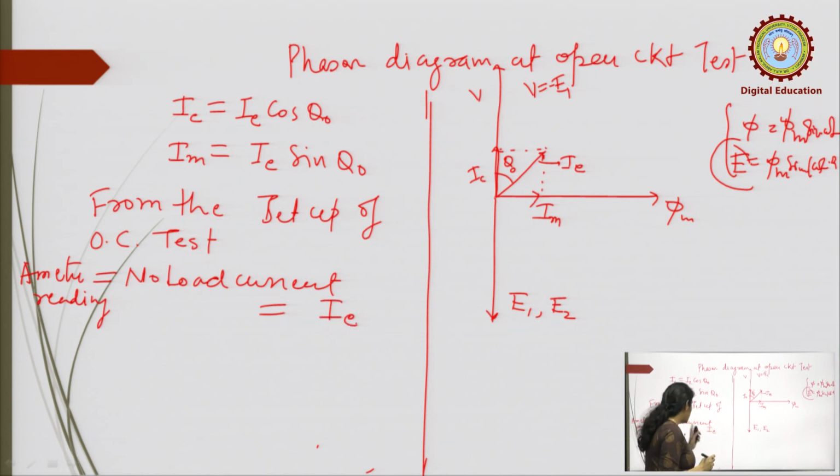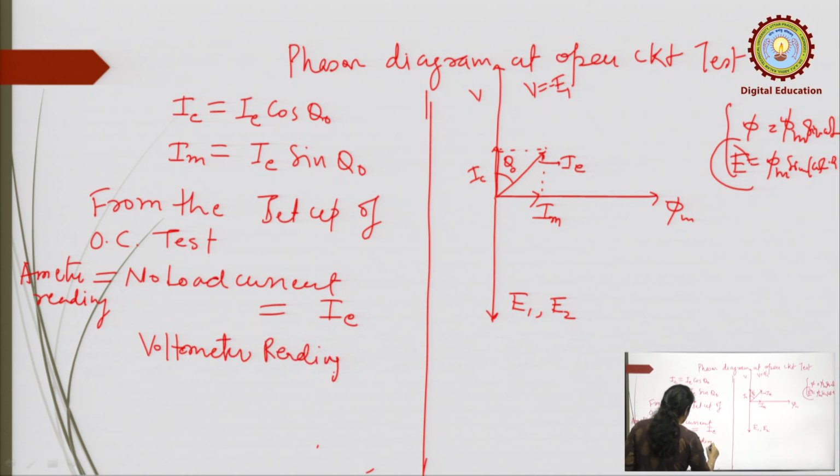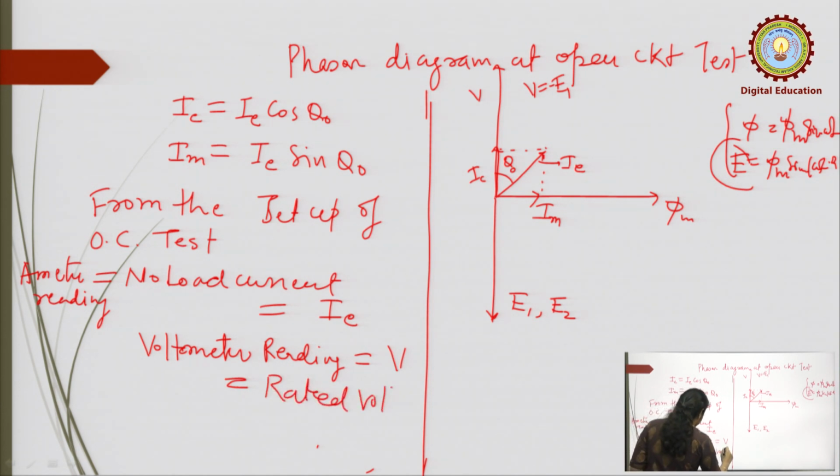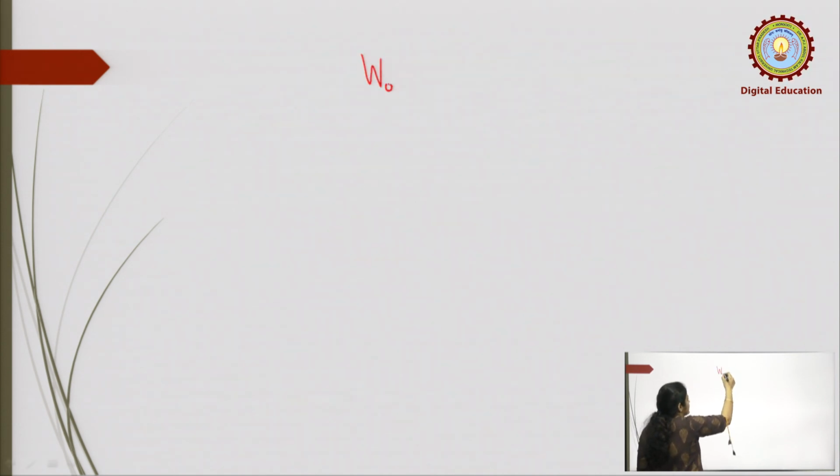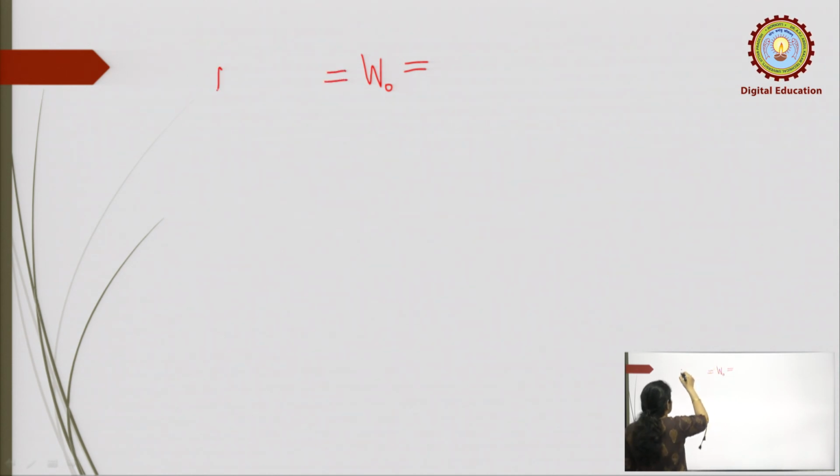And the voltmeter reading is V, and the open circuit test is performed at the rated voltage, so this is the rated voltage. Third, you will get the wattmeter reading, the power, suppose W0. So, what is this power? This is the power reading of the wattmeter.